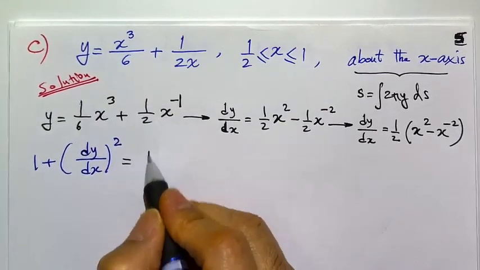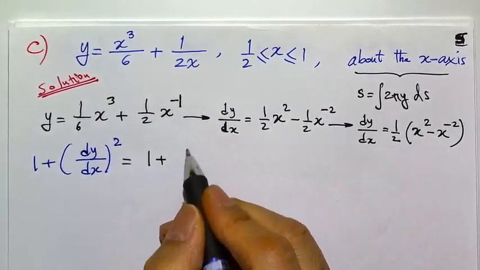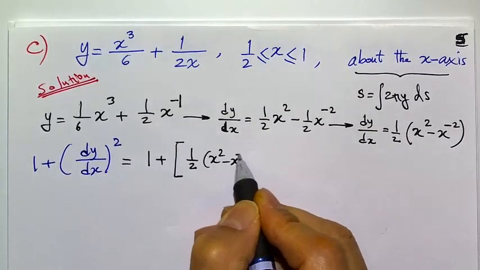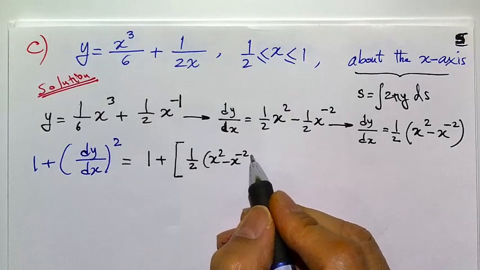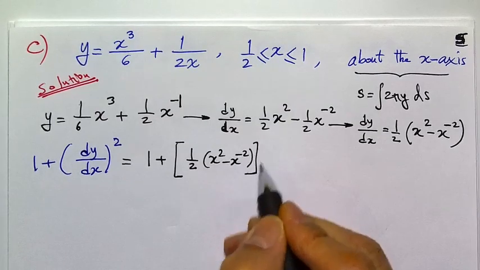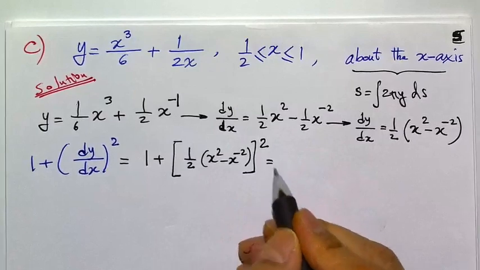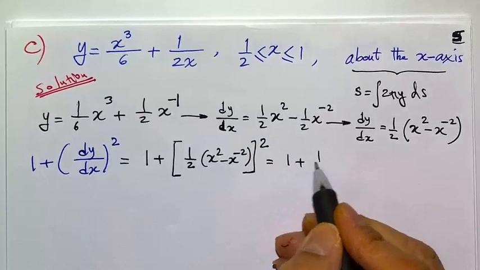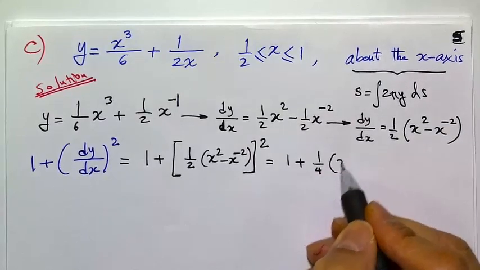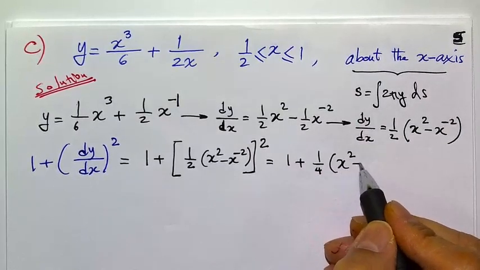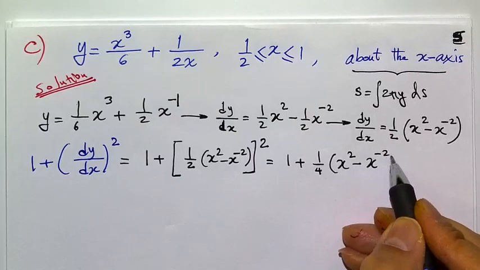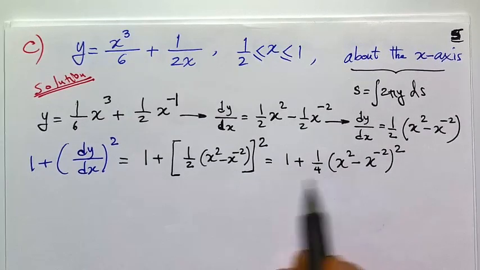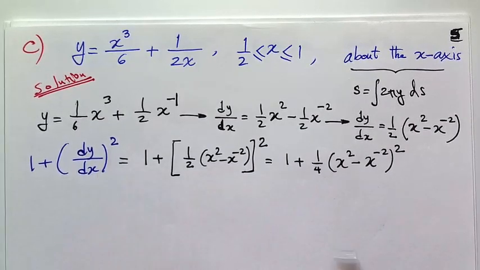All right, so 1 plus all of that squared, 1/2 times x squared minus x to the minus 2 power, and then squared. If we distribute the power here, we will get 1 plus 1 over 4 times x squared minus x to the minus 2 power, squared. Okay, so we figured out 1 plus (dy/dx) squared again.